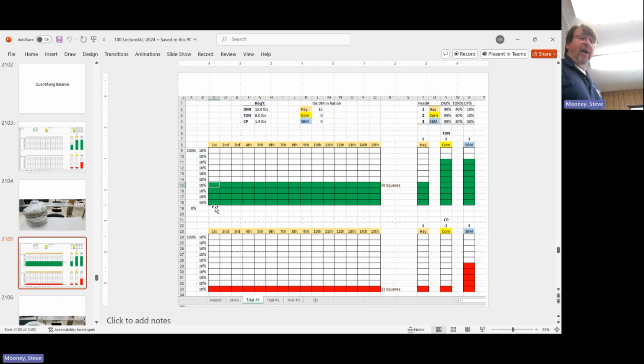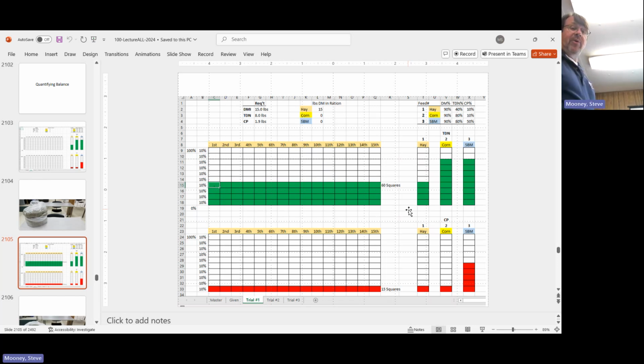So I've got 4 high and 15 across. How many squares is that? 4 times 15. 60. So I got 60 squares there. 6 pounds. I'm 2 pounds short. I've got to somehow add 20 squares.